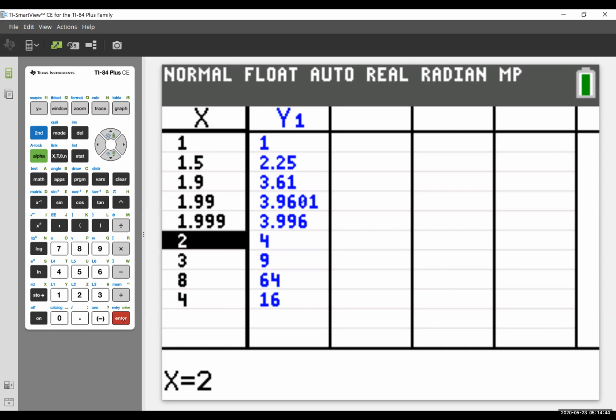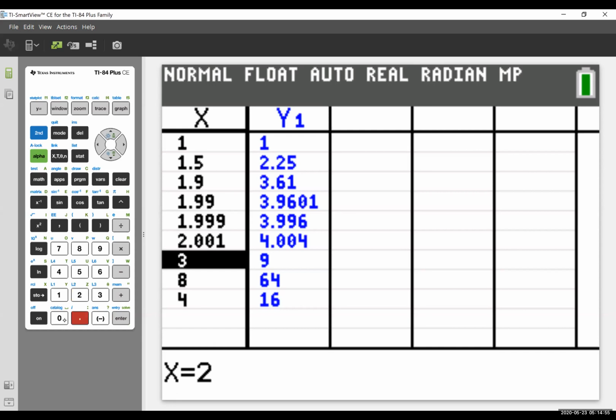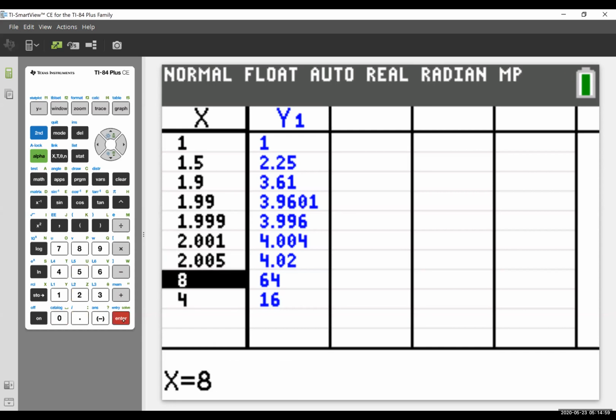And then let's look at what happens when we're at 2.001, 2.005, and 2.01.